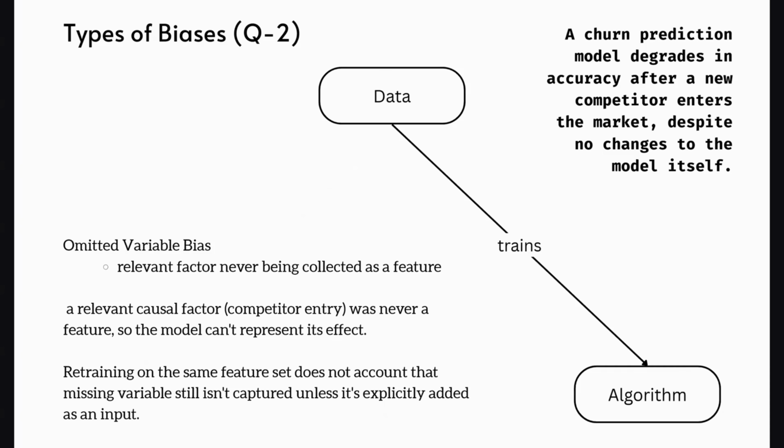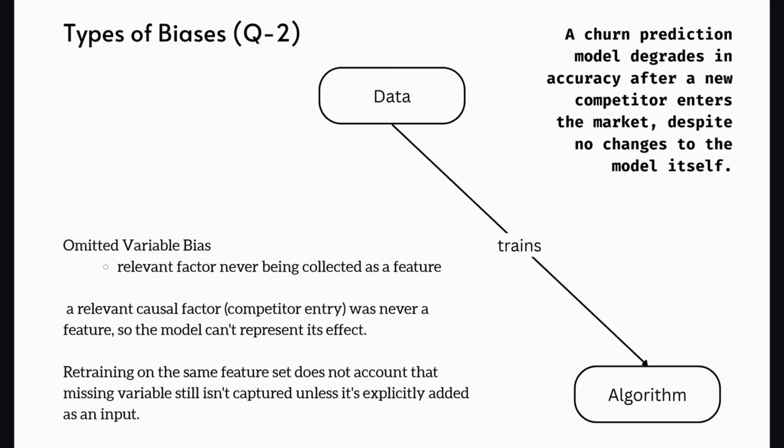The second is a churn prediction model that degrades in accuracy after a new competitor enters the market, despite no changes to the model itself. Again, here one of the things is omitted variable bias: the model never took into account that there could be competitors.